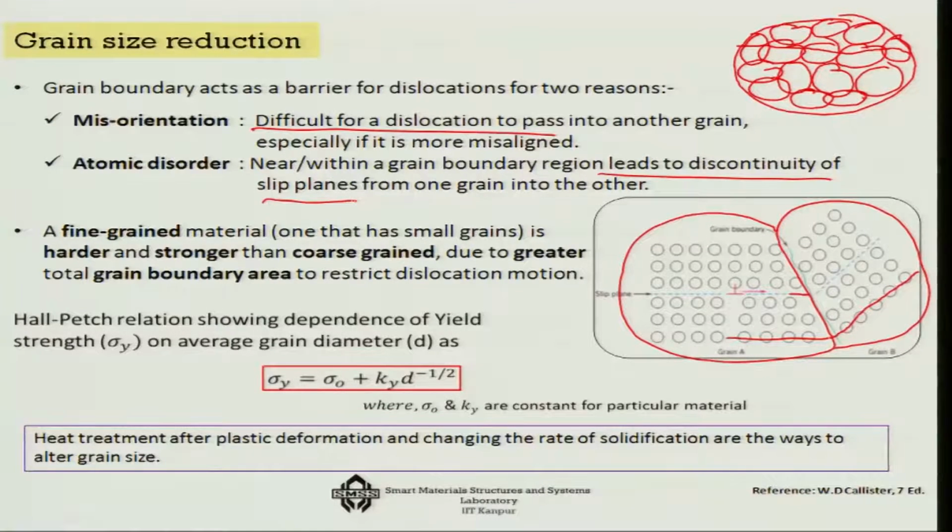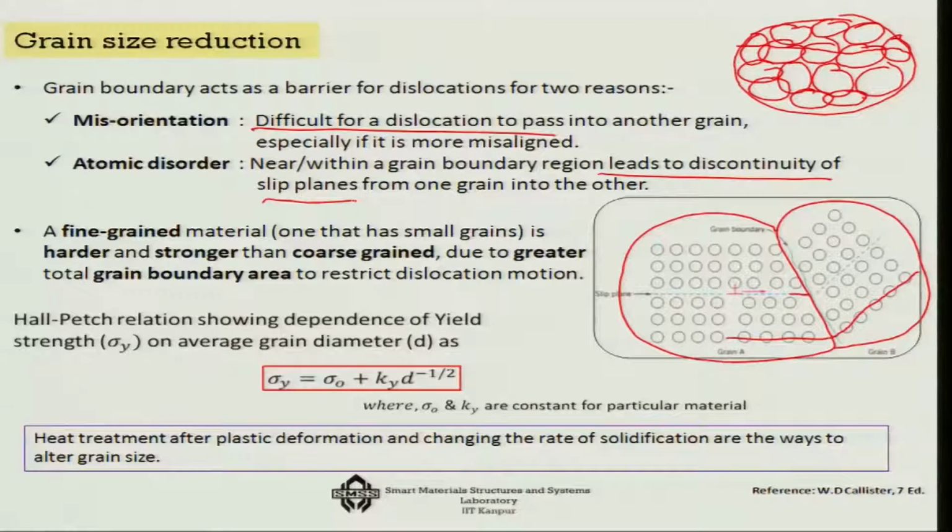So, as a result, the piling up of this kind of defects or dislocations is not possible uniformly across all the grains. So, if there are more grains, the probability that dislocation pile-up has occurred in all of them at the same uniform rate is lower, and hence the dislocation movement would be less and less.